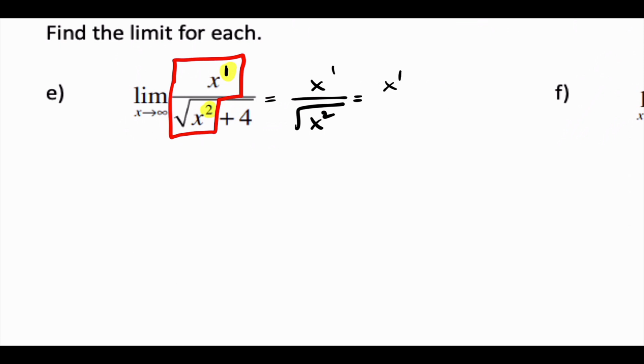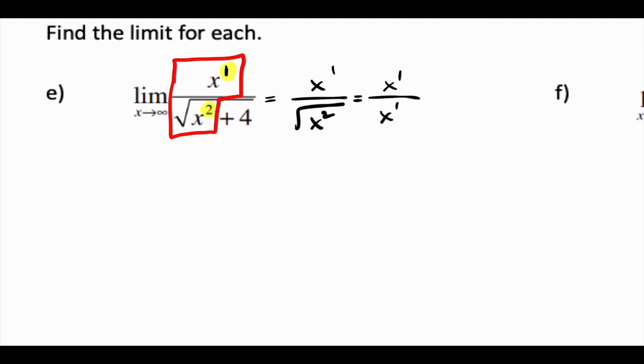So in reality, those are really just x to the first powers. That's what it really is. Even though it said squared, it really isn't a squared because it has a square root with it.